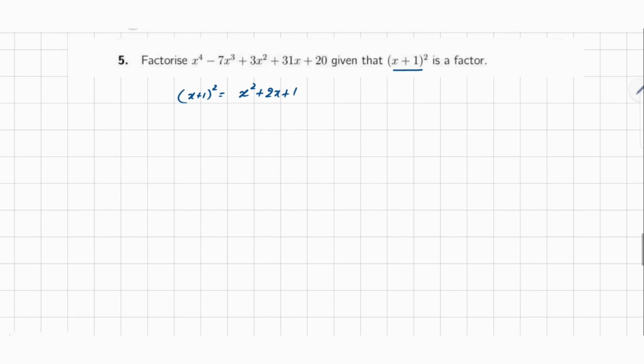I use the following formula: a plus b the whole squared equals a squared plus 2ab plus b squared. We can divide this polynomial with this, similar to the previous questions solved in this video.